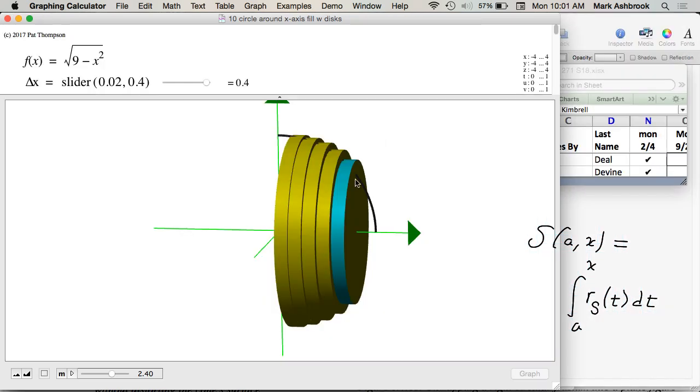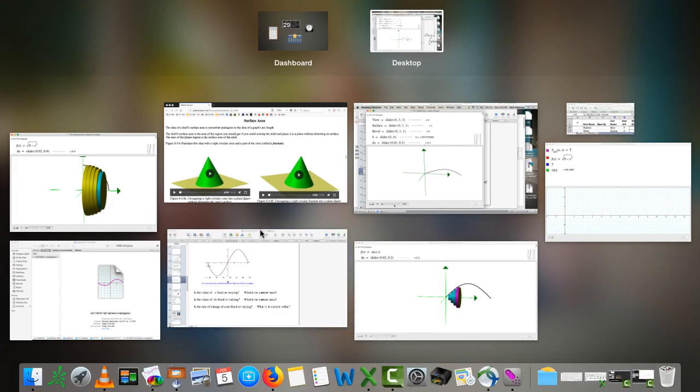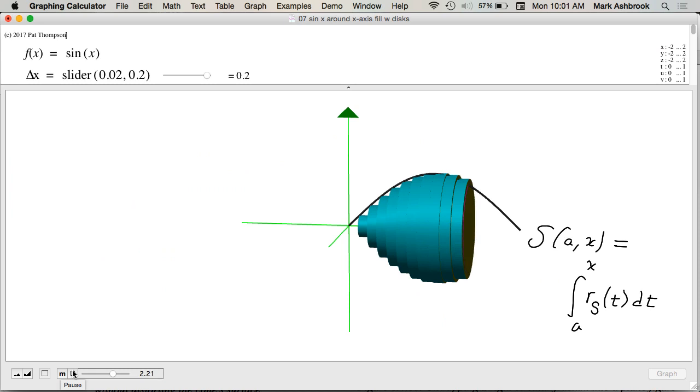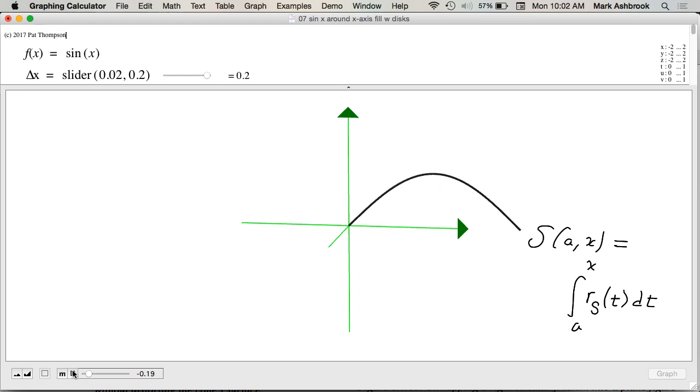Okay, so not that one, I want this one. So let's look at what we did when we filled up the shell. Here's filling it up with cylinders based on delta x intervals or delta y intervals? Delta x. And in this case, what was our rate of change of volume? So if we use delta x intervals and fill those intervals with cylinders starting from 0, what was our rate of change, remember?